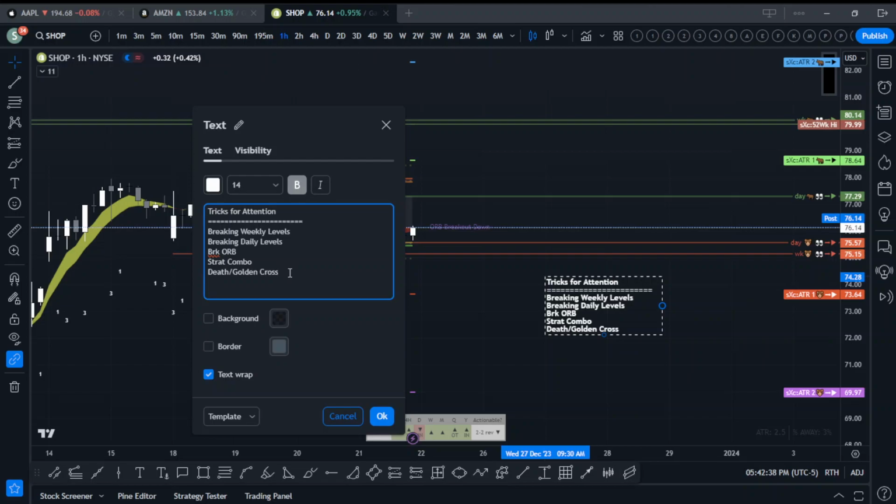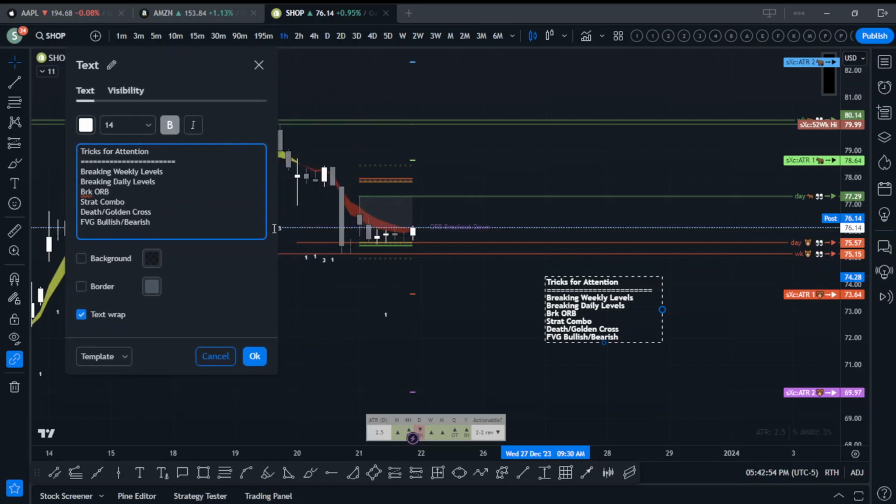And so another thing that it can also do is it could create a fair value gap, bullish or bearish. I would prefer all of these things to line up in the position of the strongest trend, which would be bullish.